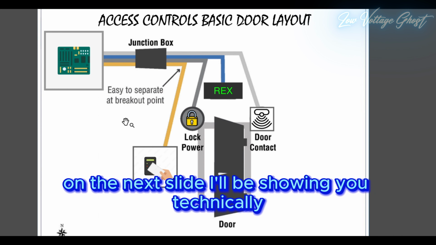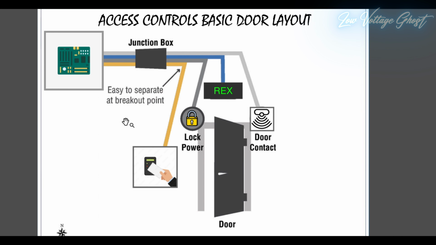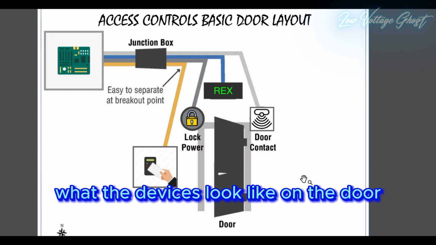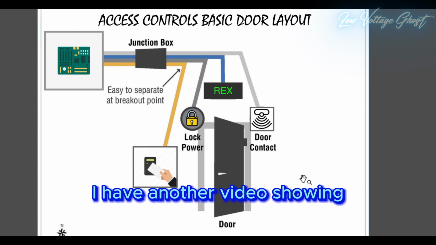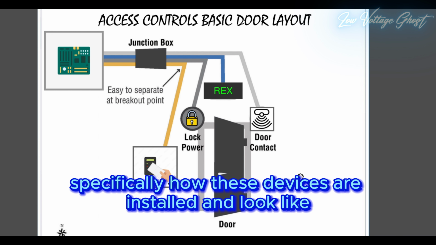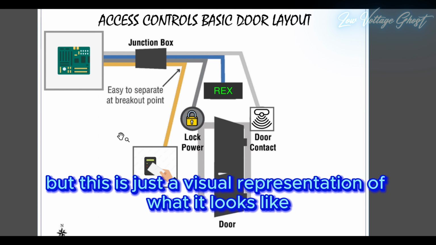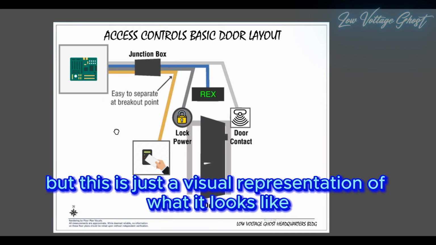On the next slide, I'll be showing you what the devices look like on the door. I have another video showing specifically how these devices are installed and what they look like on the door, but this is just a visual representation.